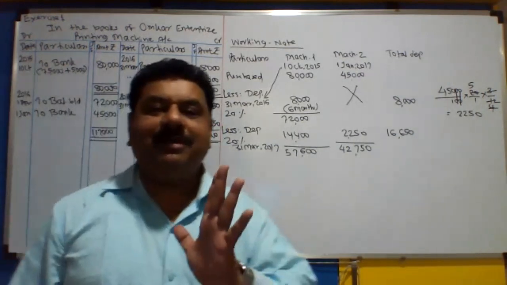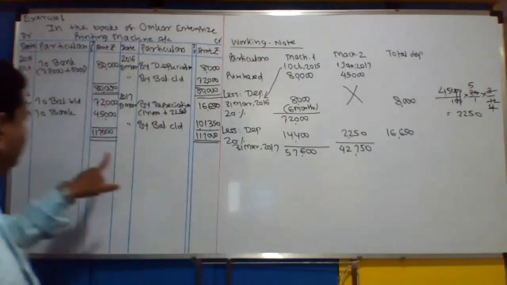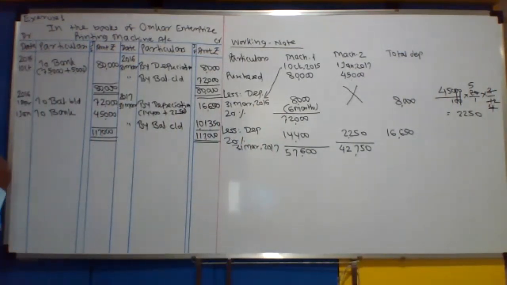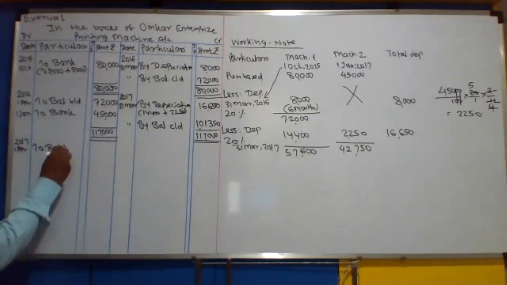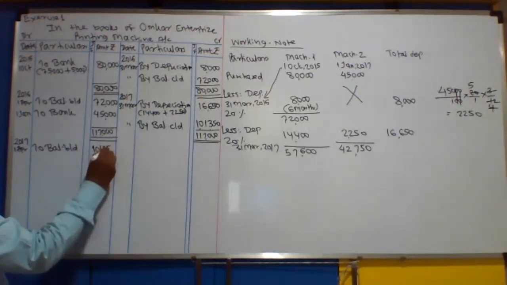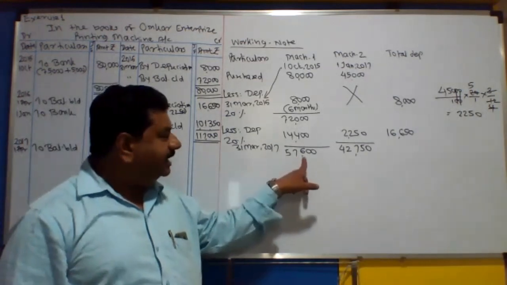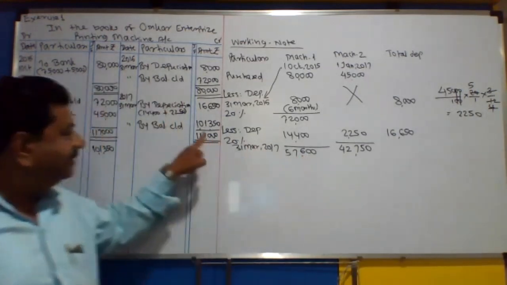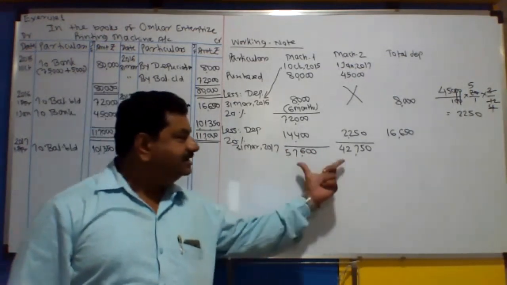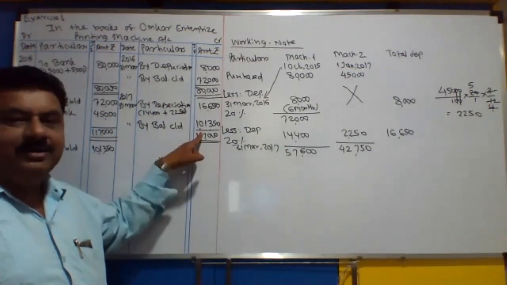If you want to check arithmetic accuracy, you can take the total of the balance, which is equal to this balance, 1,01,350. Now 2017, 1st April, to balance brought down 1,01,350. Did you understand what I said? The total of these remaining balances should come exactly equal to this balance, 1,01,350.